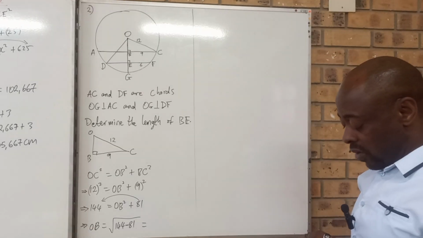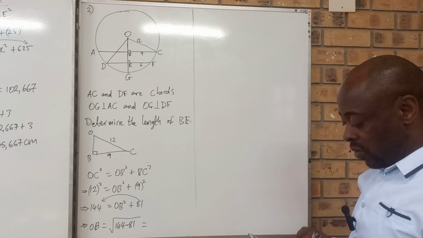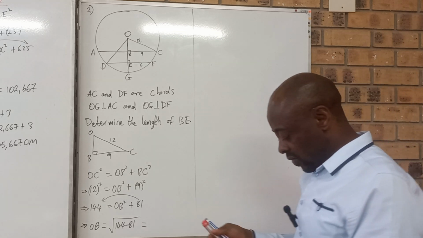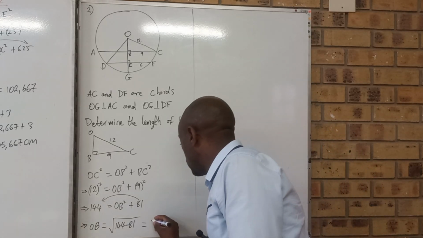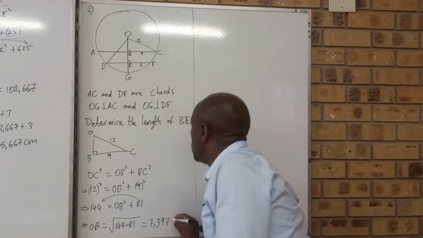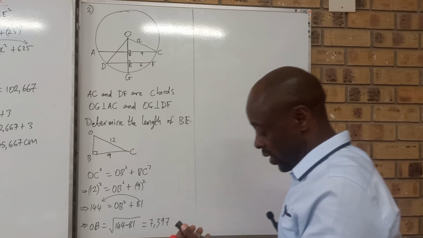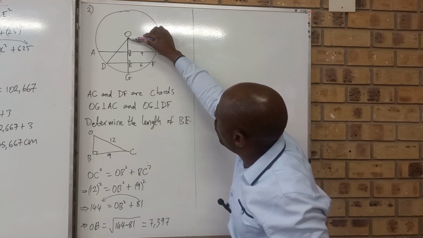So I'm taking the square root of 144 minus 81. That gives me 3 root 7, and in decimals is 7.937. It's okay like that, there are no units. So I succeeded to get the distance OB.